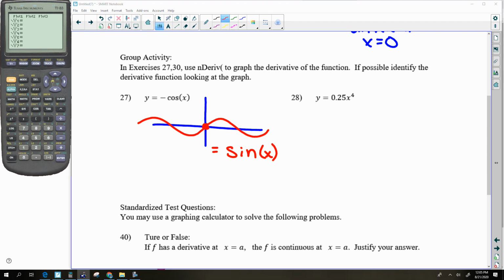All right, 28. Math 8, the n-deriv of 0.25x to the fourth, with respect to x at every x. This doesn't work in any other place but the graphing with that x thing.